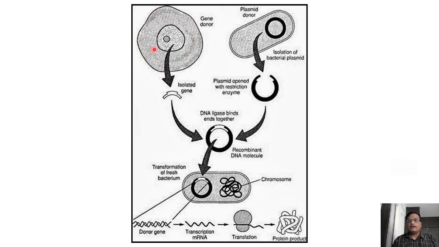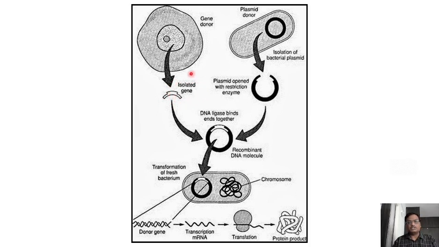To isolate the gene, first you have to isolate the DNA of the organism, and from the isolated DNA, you are going to cut the desired gene, and like this I isolate the gene of my interest. To isolate the gene you have to cut the DNA, and here we use many types of enzymes, especially the endonuclease enzymes.